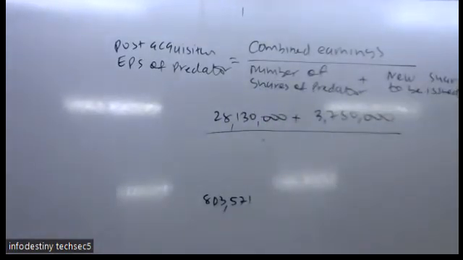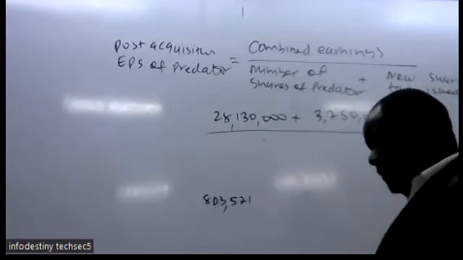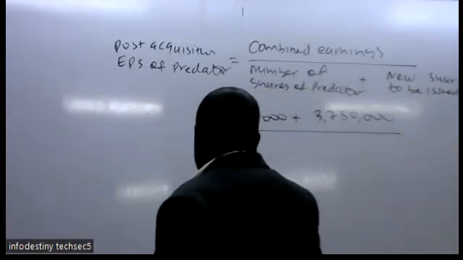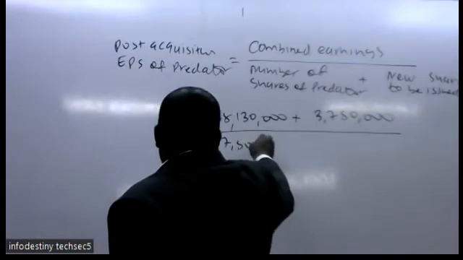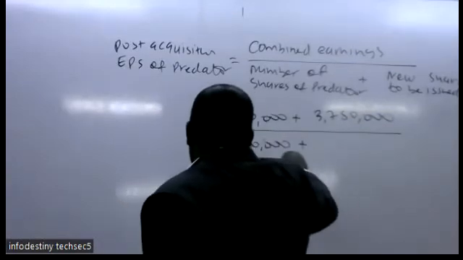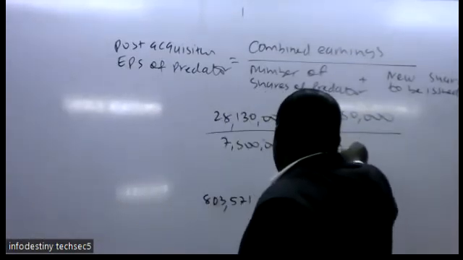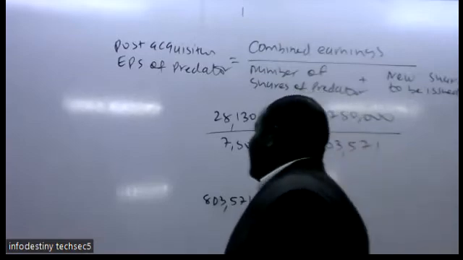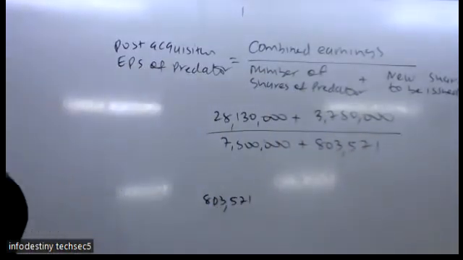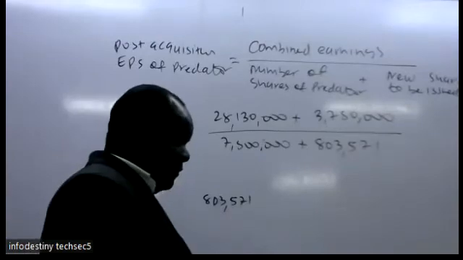Then the number of the ordinary shares for Songo was 7.5 million. And now you add 8,357. So for combined earnings, you simply add the profit after tax. They gave you the profit in shillings in millions, so we write them in full in that order.